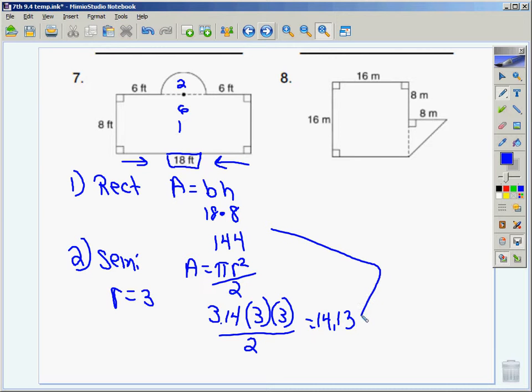What do I do with these two numbers? I add them together. And again, this was in feet, so this would be feet what? Squared. Feet squared.